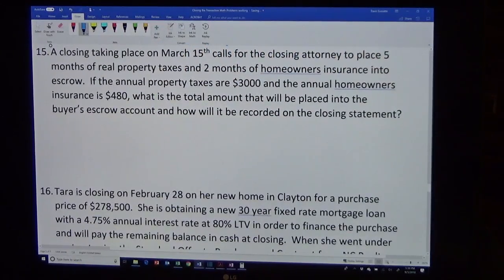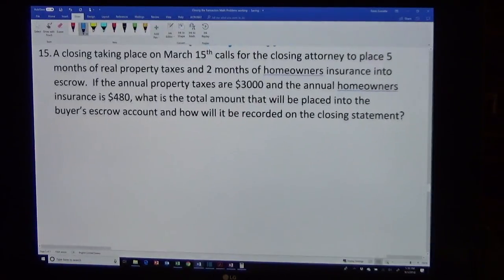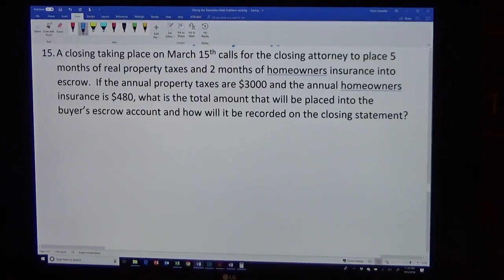Number 15 says a closing that takes place on March 15th calls for the closing attorney to place 5 months of real property taxes and 2 months of homeowner's insurance into escrow. If the annual property taxes are $3,000 and the annual homeowner's insurance is $480, what's the total amount that will be placed into the buyer's escrow account, and how will it be recorded on the closing statement?